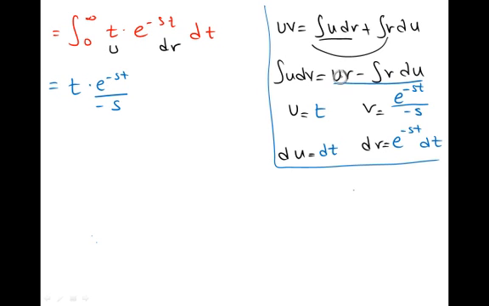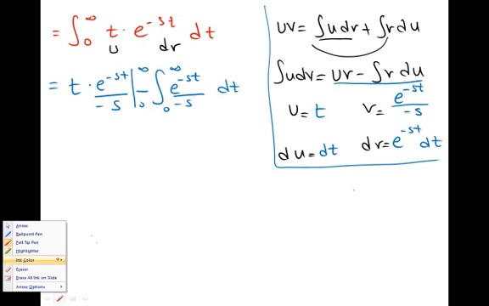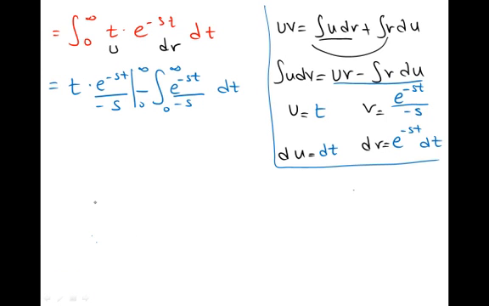I'm done with the uv part, minus integration of what? v du. Again, what is v? It is e to the power of minus st over negative s, du is here dt, and it's an integration from 0 to infinity. Don't forget that. Good.